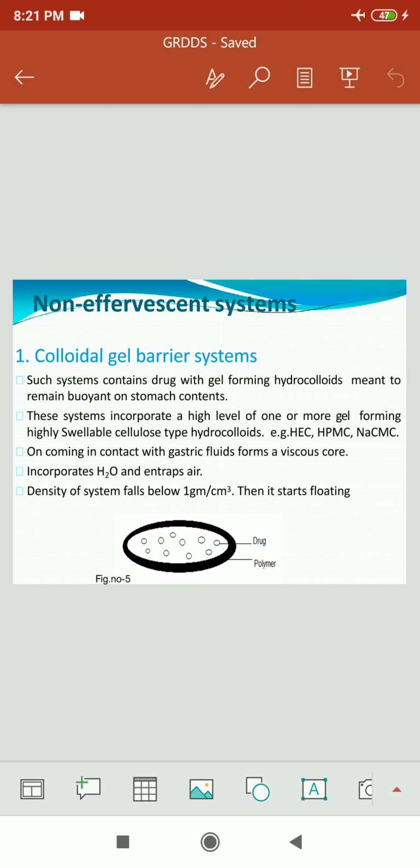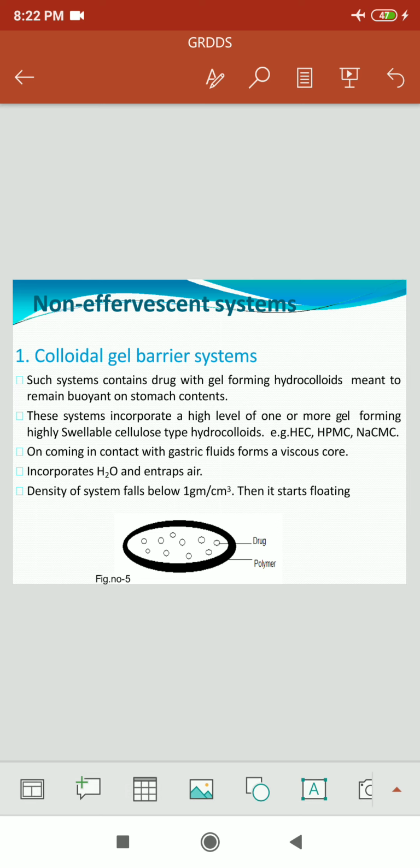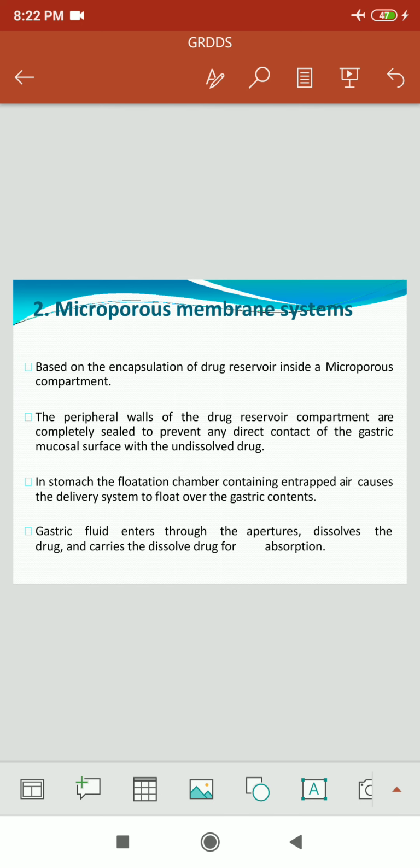The system contains a high level of gel forming cellulose hydrocolloid like hydroxyethyl cellulose, HEC, HPMC, sodium CMC. When they get in contact with gastric fluid, they form a viscous core, and they float on the gastric content because they have a density of 1 gram per centimeter cube.